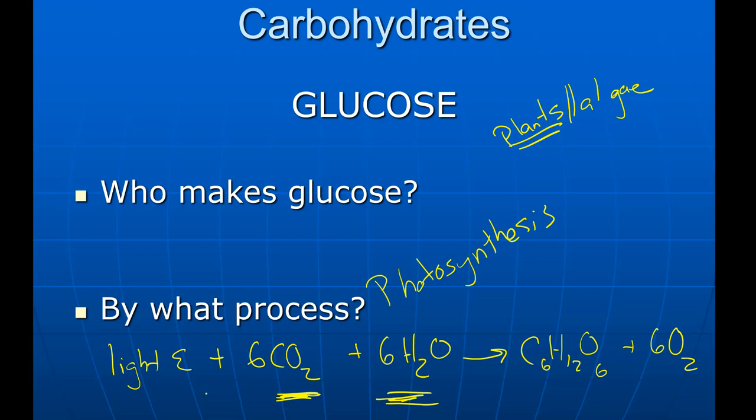It uses light energy plus carbon dioxide and water to make sugar, which is sweet, we love it, and oxygen. And the really cool thing, if you remember in chemistry, is the law of conservation of energy: energy cannot be created or destroyed, simply converted from one form to another. So light energy, which is radiant or electromagnetic, is being trapped inside the covalent bonds of glucose.